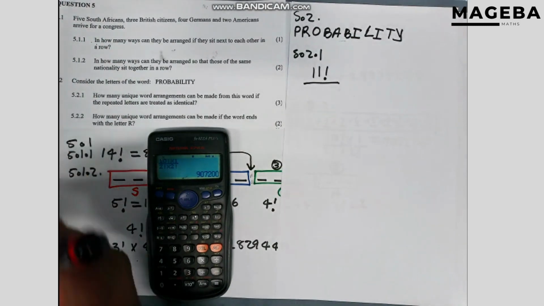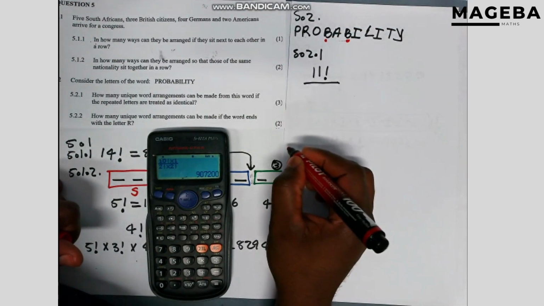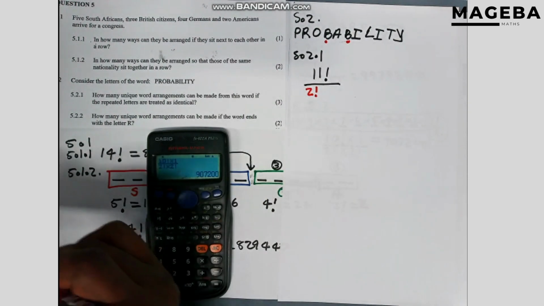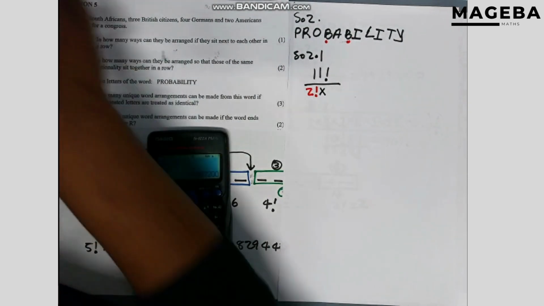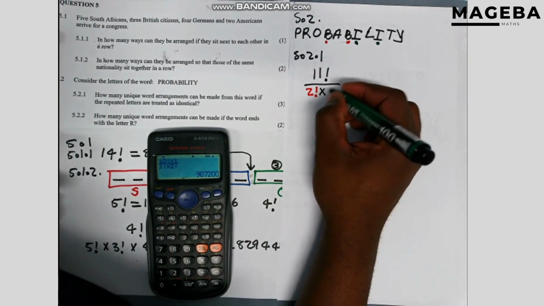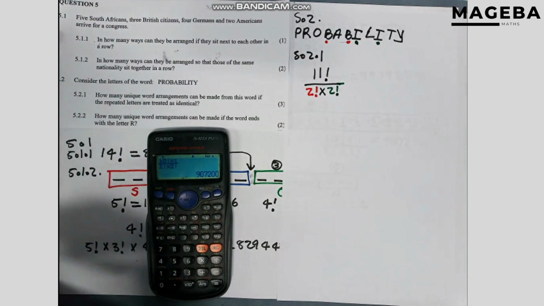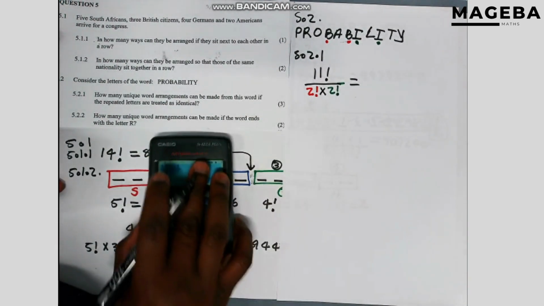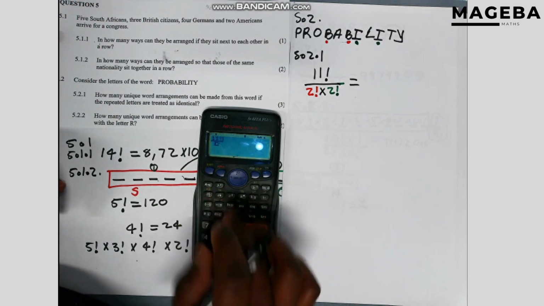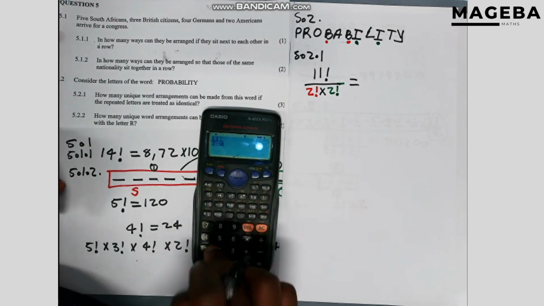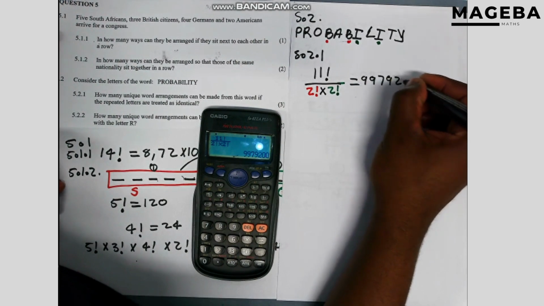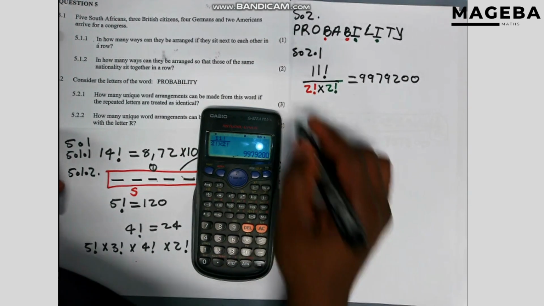B is repeated, so I need to divide by 2 factorial for the B. And not only B, I also have I repeated here and here, so I also divide by 2 factorial for the I. So 11 factorial over 2 factorial times 2 factorial, and I get 9979200. So this is what I get.